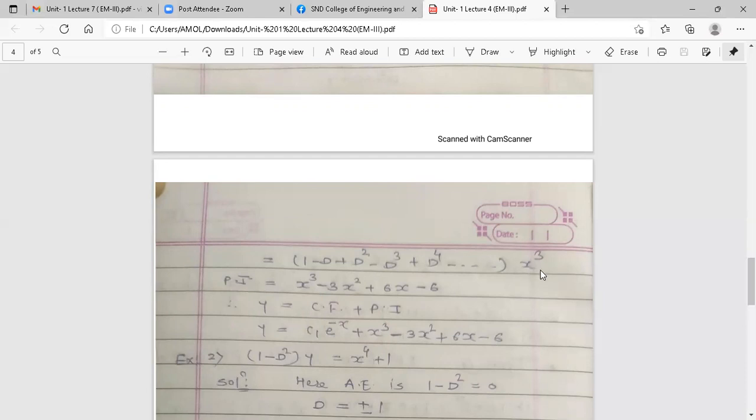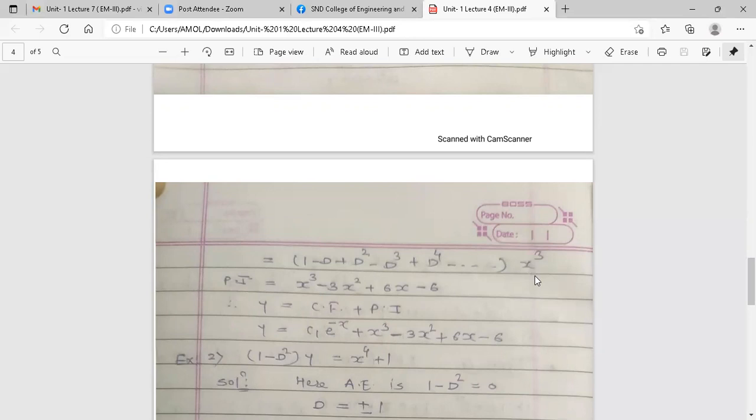From the fourth derivative, you will get the value 0, because the first derivative of x cube is 3x square, the second derivative is 6x, the third derivative is 6, and its fourth derivative is 0. You know that the (n plus 1)th derivative of x raised to n is always 0.